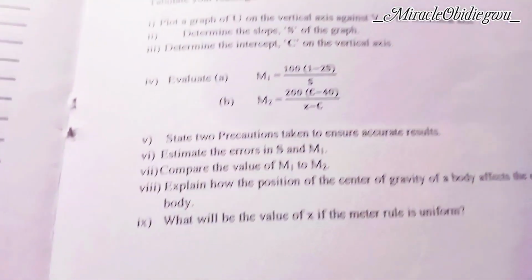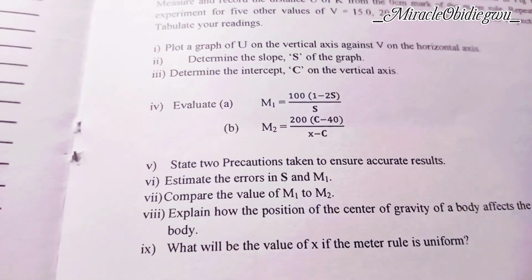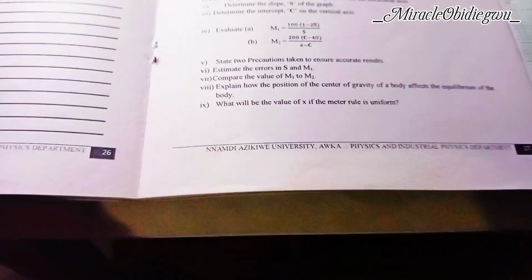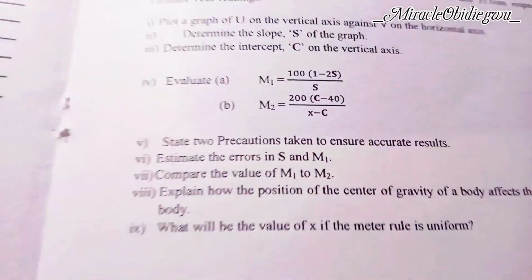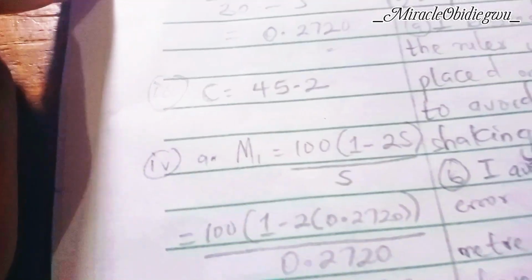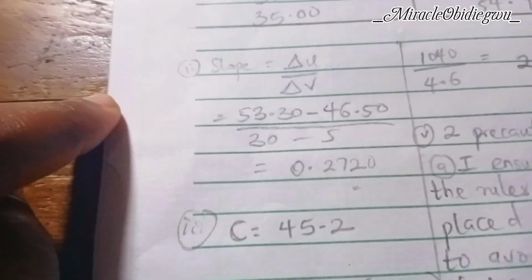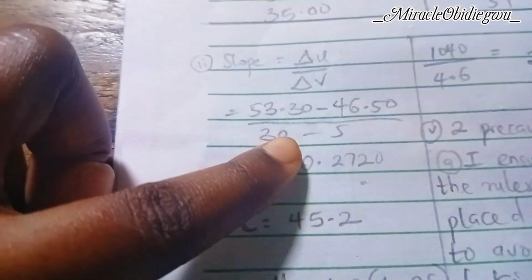So our intercept cuts across 45.20. Then the next question is evaluate m1 equal to 100 brackets. So you're going to solve this. Your s is the slope and the s down is also slope. You know how to find your slope, right? To get your slope, change in u over change in v.